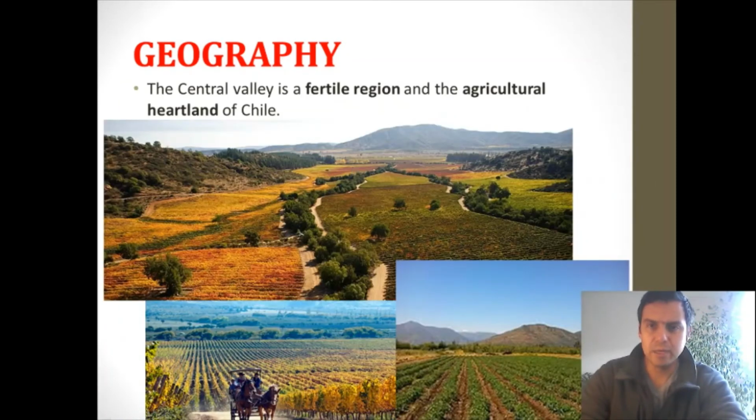And the next one here, you can see clearly the thing that I was explaining a moment ago, which is the Central Valley is a fertile region and the agricultural heartland of Chile. So all the vegetables we eat are grown in this area of Chile.